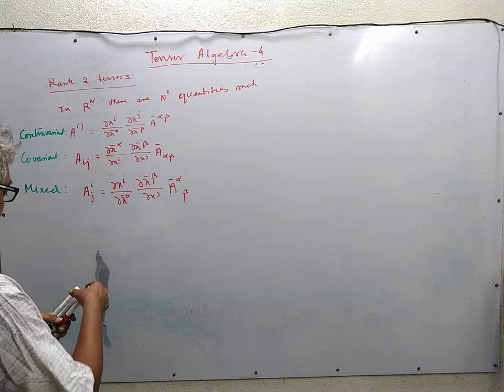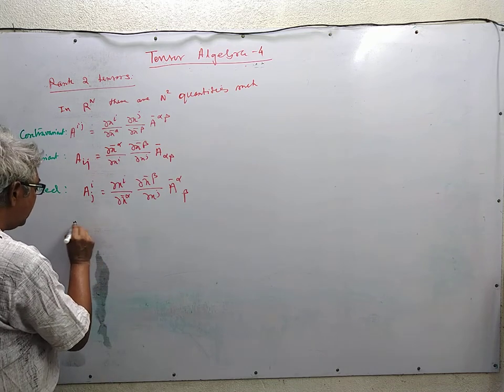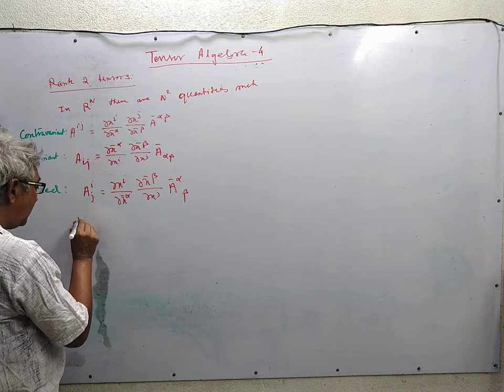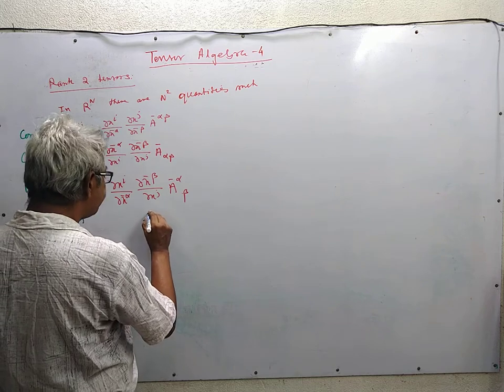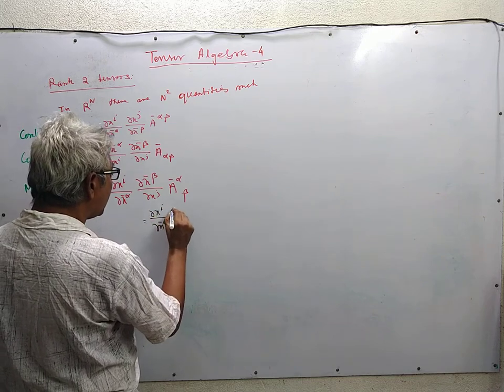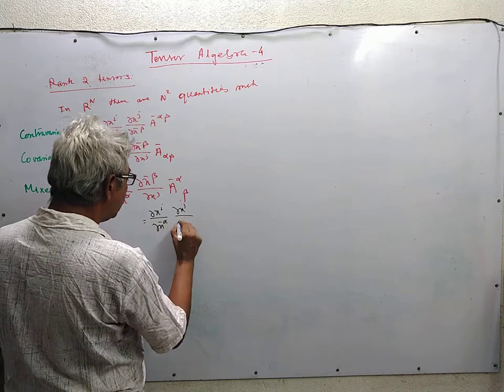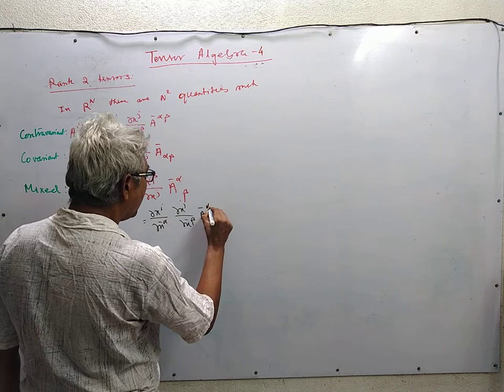In order to get the inverse relation, let us consider this expression. The first expression, Aij is equal to del xi, del x bar alpha, del xj, del x bar beta, a bar alpha beta.